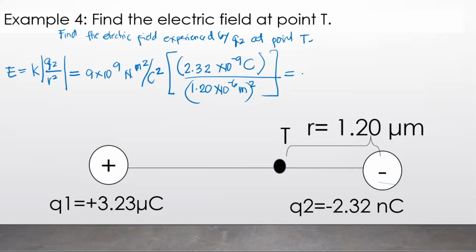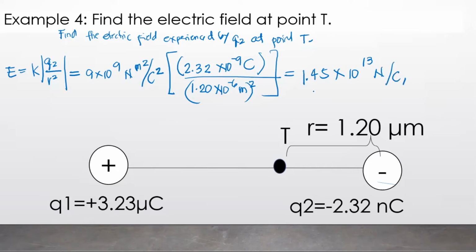Don't forget the squared. So for example 4, if you have your answer, just type it in our chat box. Then we have 1.45 times 10 raised to 13 Newton per coulomb.